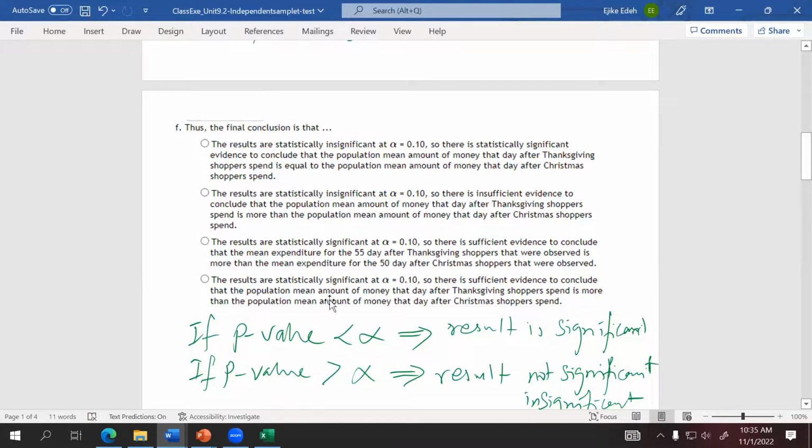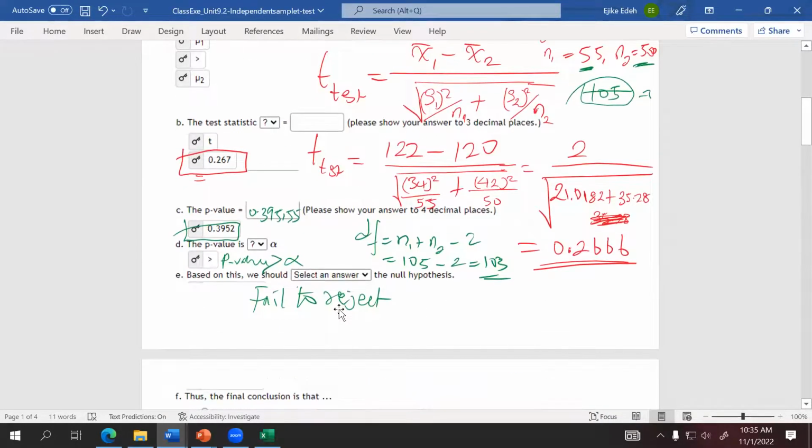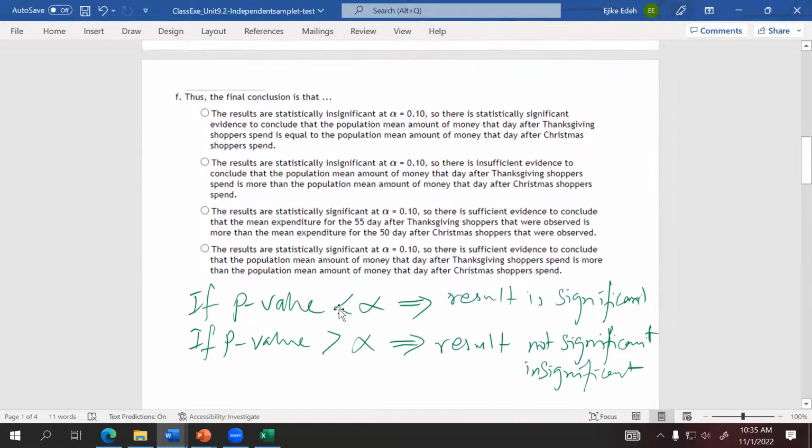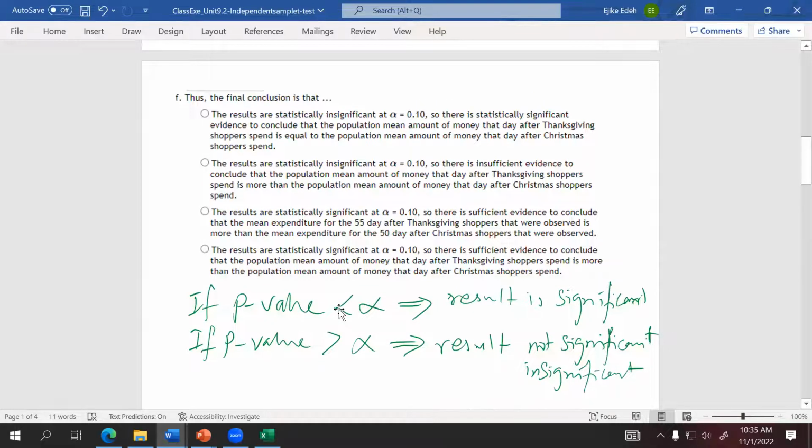So here the p-value is bigger than alpha, so we know our result is not significant. So if I look over here, this one says statistically significant. I am taking that off, but I would say to read everything, right? I'm trying to speed this up so that will save time. Read all through to be sure that it is saying the wrong thing. Apparently this is saying the result is statistically significant. It is not in this case.